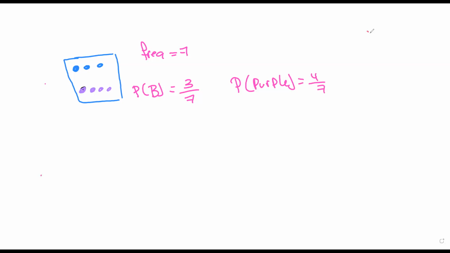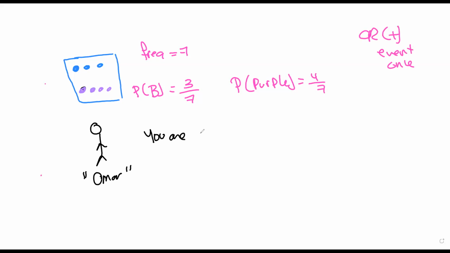In the previous video, we discussed what we mean by the word or. As we said, or is translated into addition, and or is used when the event happens once. For example, let's assume I say to Omar, my nephew, you are allowed to take one item only.